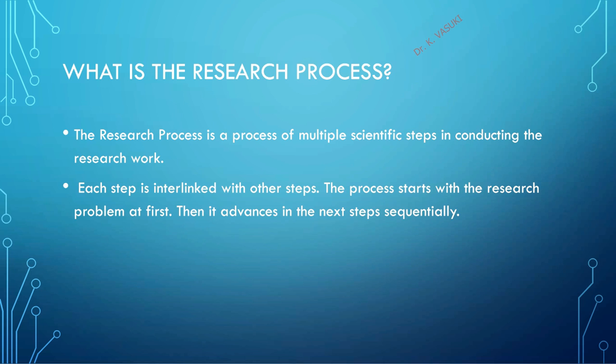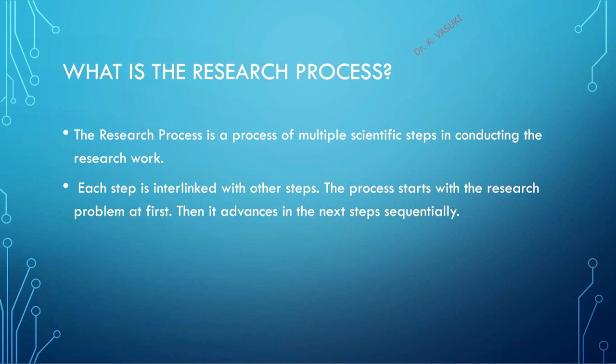So what is the research process? The research process is a process of multiple scientific steps for conducting the research work. It is prescribed, and we have to follow it. We can't skip it.